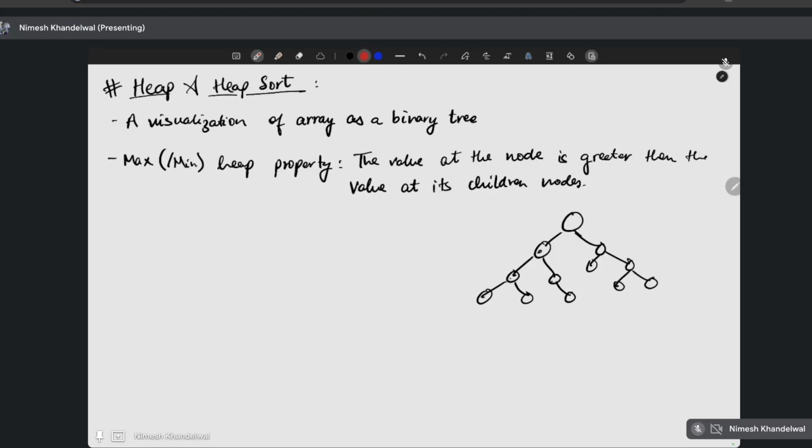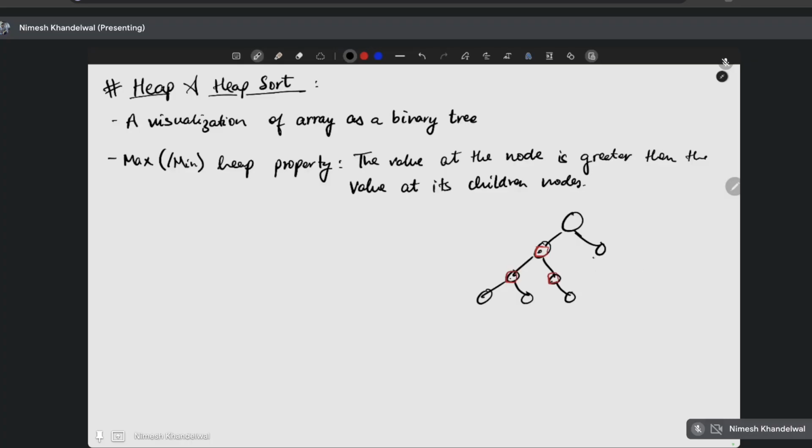So if let's say this node has value less than any of its children, then it violates the max heap property, right? So basically, in this entire heap, right?